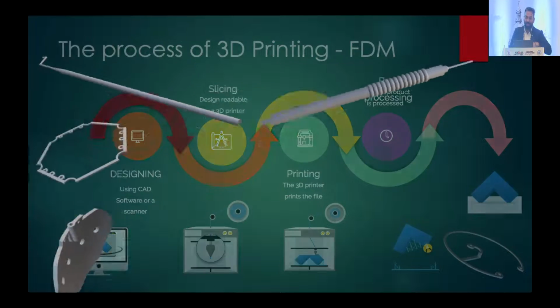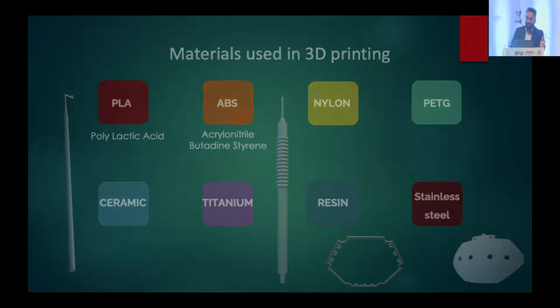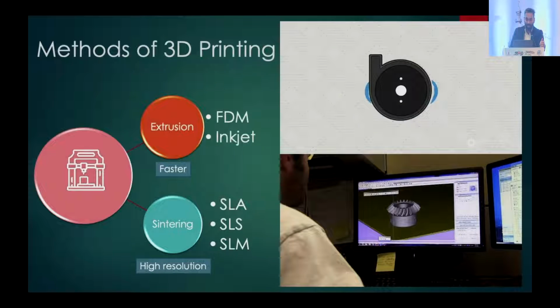This product can be made using polylactic acid or ABS material. Polylactic acid is much easier because you can prototype with it, and it is a little brittle. But if you want a better version, you can use ABS, ceramic, or even titanium and stainless steel. So what are the methods?